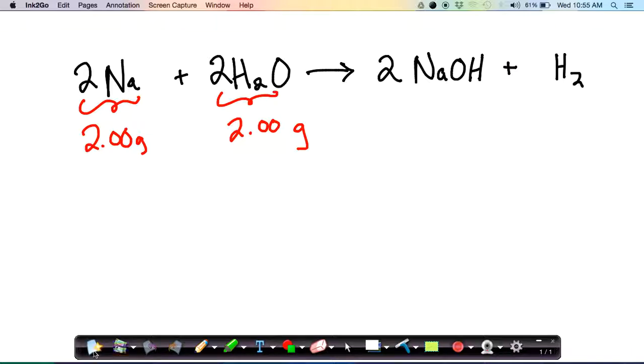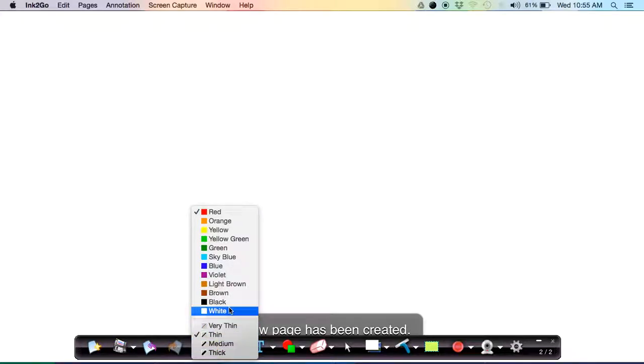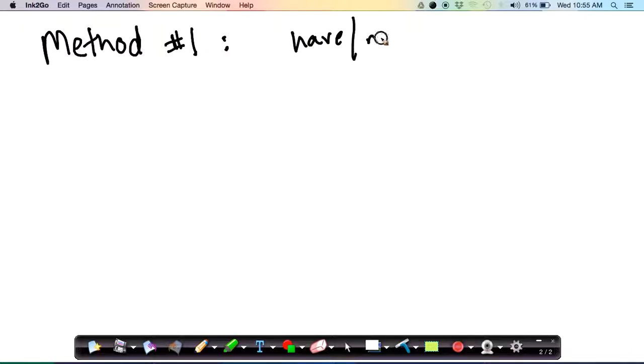So what we're going to do, we're going to create a new page here, so we can go back and reference that chemical reaction as needed. And we're going to take a look at what we're going to call method number 1. We're going to refer to this as the have-need approach.